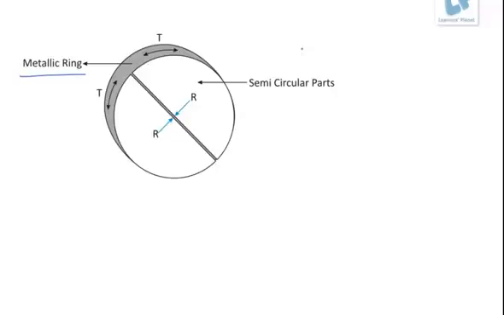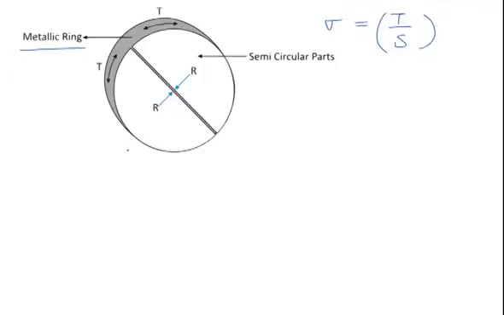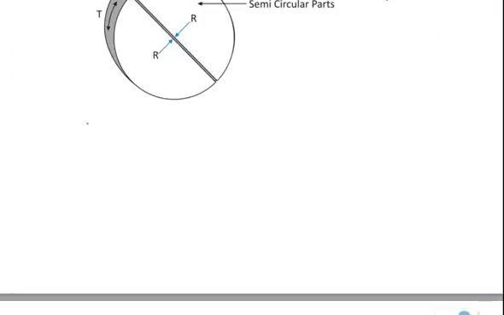Now due to the tension T, there will be some stress sigma along the length of the ring, and that stress will be given by T by S. When we heated the metallic ring, the increase in length is given by L alpha delta T, where delta T is the increase in temperature and alpha is the thermal coefficient of linear expansion.